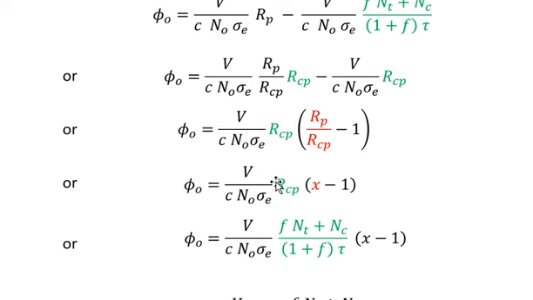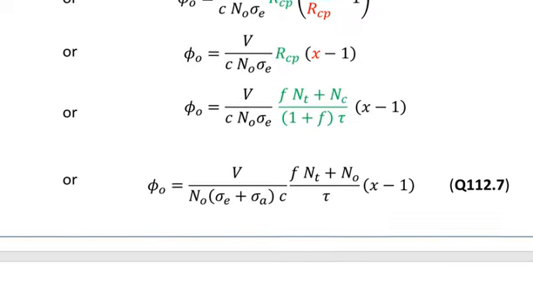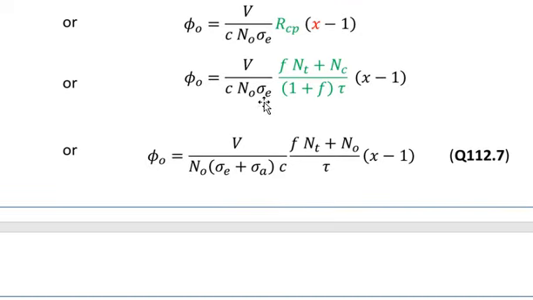If you reinsert the value of RCP, then this expression will be the final expression. So phi naught is equal to V over C into N naught into sigma E multiplied by F into NT plus NC divided by 1 plus F, multiplied by tau, and then these terms are multiplied by X minus 1. This is the rearrangement of terms.